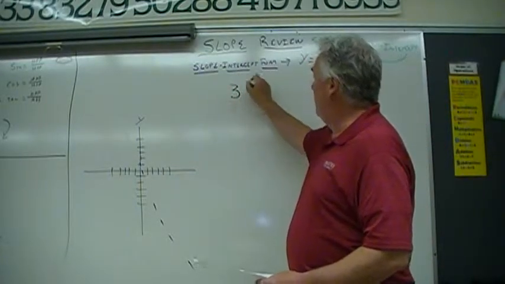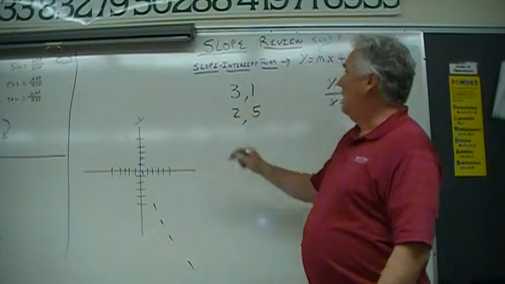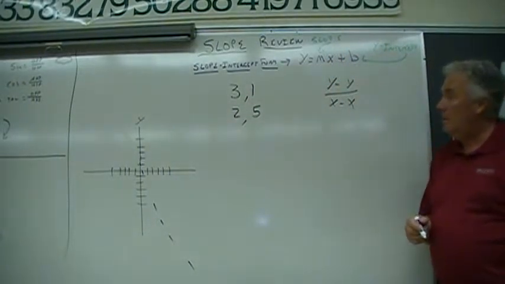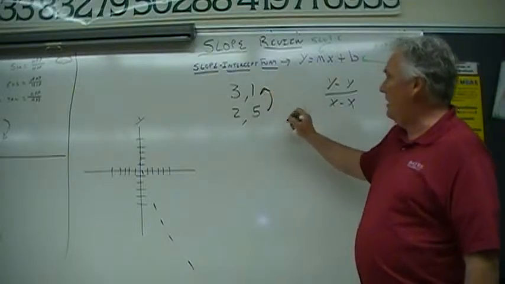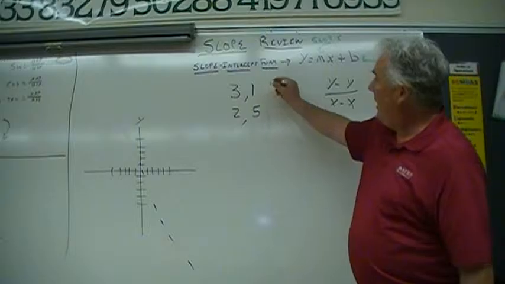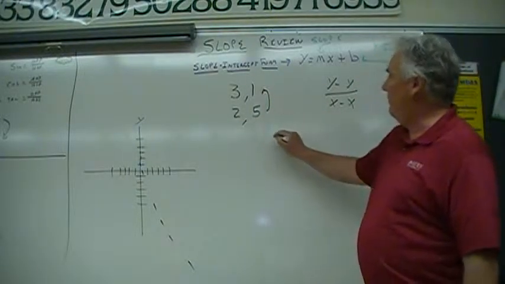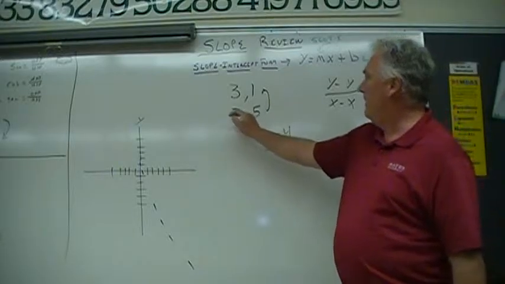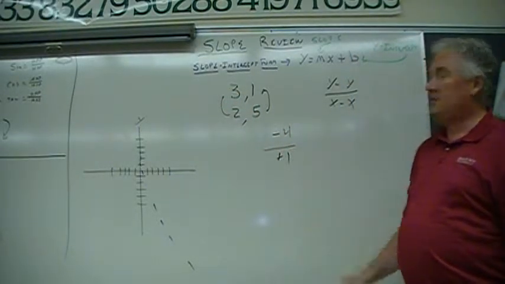Now, if you wrote yours like this, and what if you went this way? Change in y from here to here. Actually, we will go this way. From 5 to negative 1 is negative 4. From 2 to 3 is plus 1.